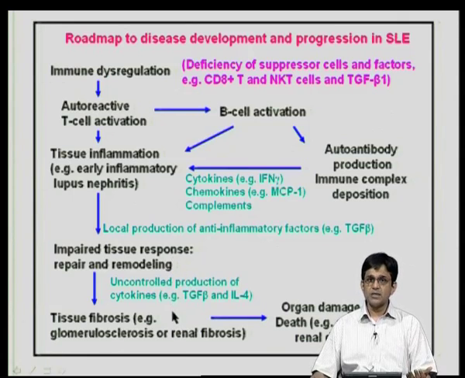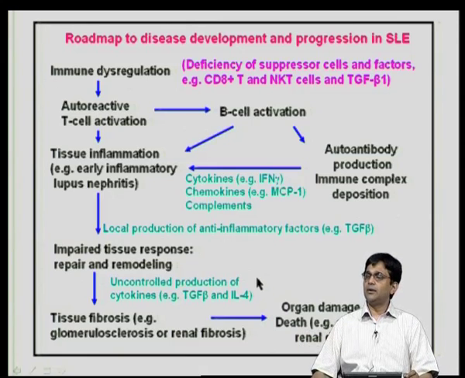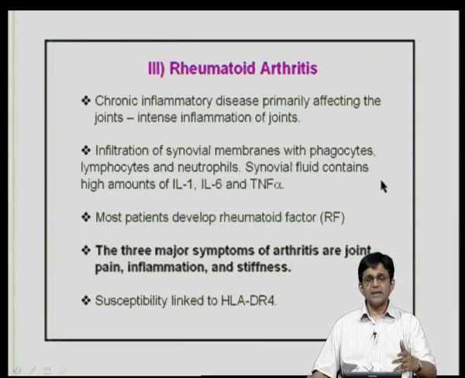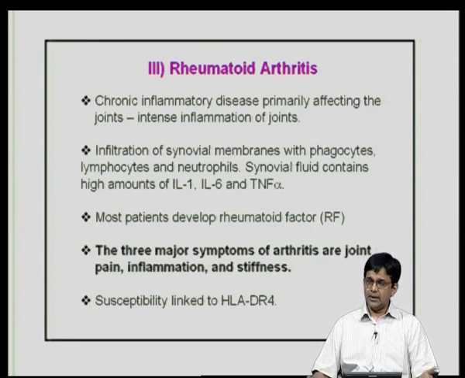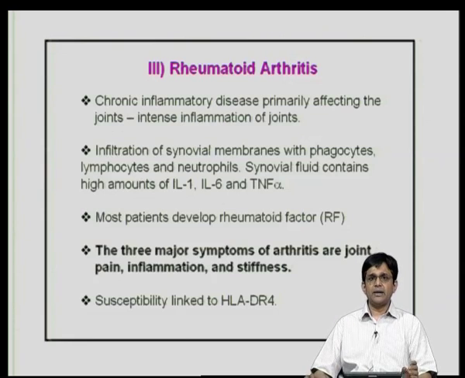You have tissue fibrosis, you have organ damage, and then overall you have a full blown systemic lupus erythematosus going on. And how does one control these diseases? That is again something that we will be discussing, and for different diseases you have different strategies, and by and large there are some common ways by which these are taken care of.